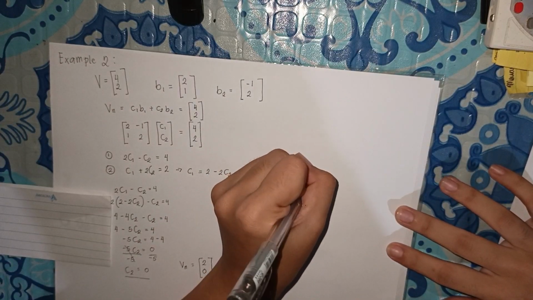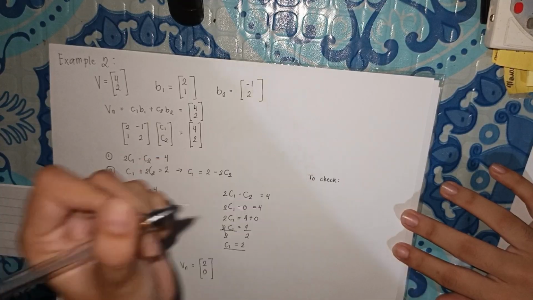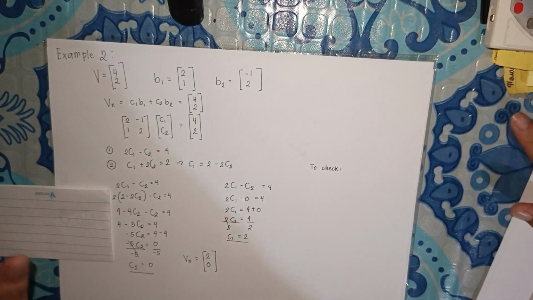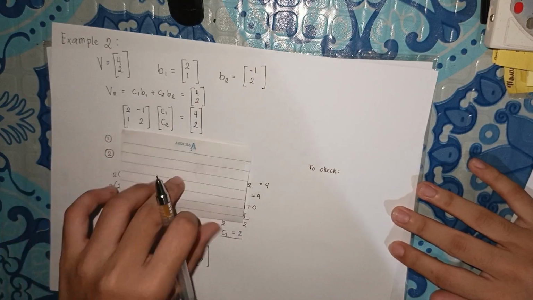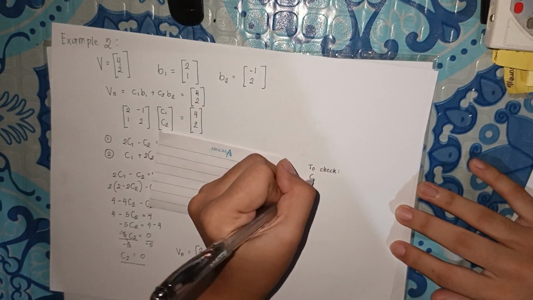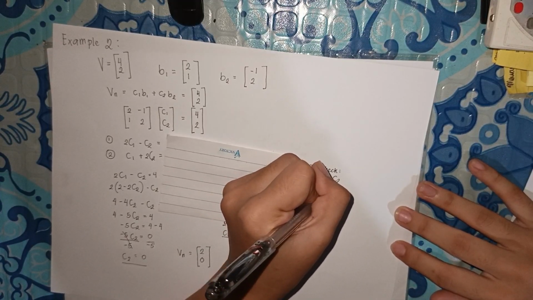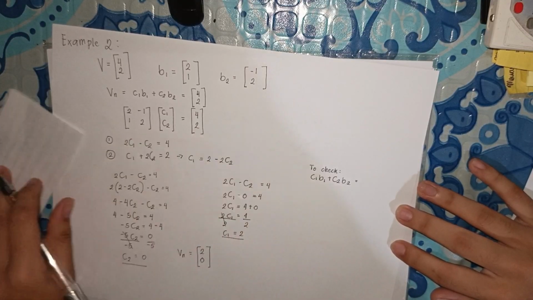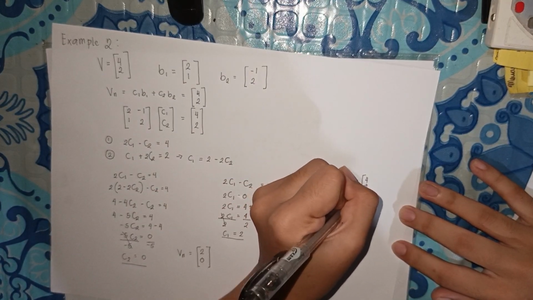To check, we still use the same equation. So C sub 1 times basis 1 plus C sub 2 times basis 2 is equal to the vector 4 and 2.